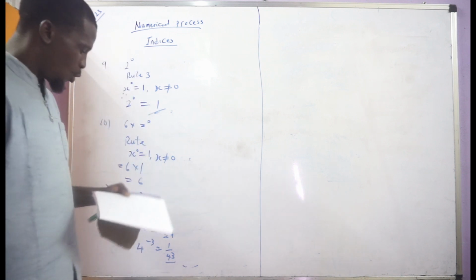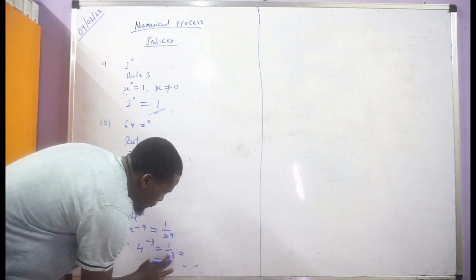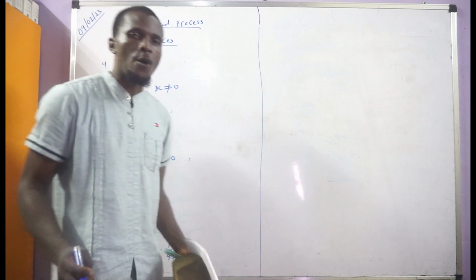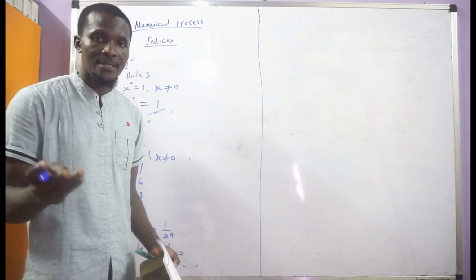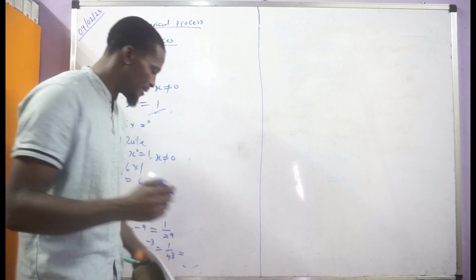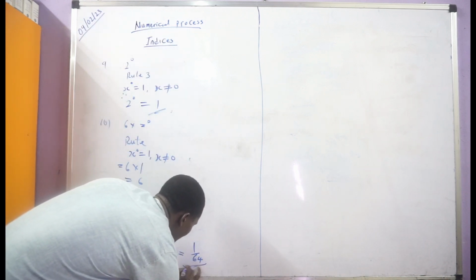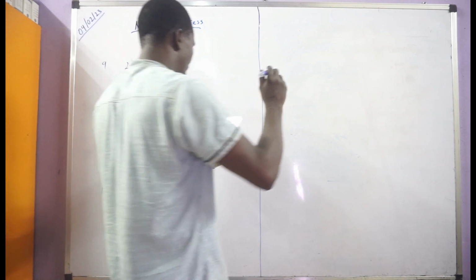We might leave it like this, or to do it well, 4 raised to power 3 is 4 times 4, which is 16. 16 times 4 is 64. So we have 1 over 64. That's our final answer.